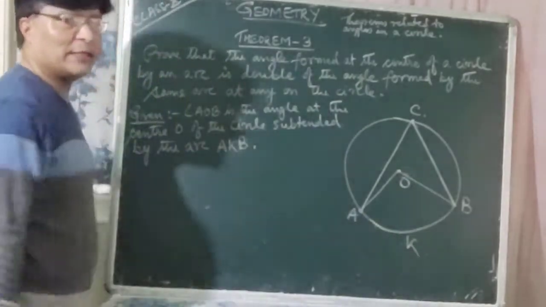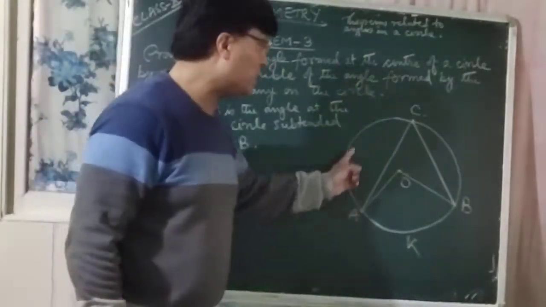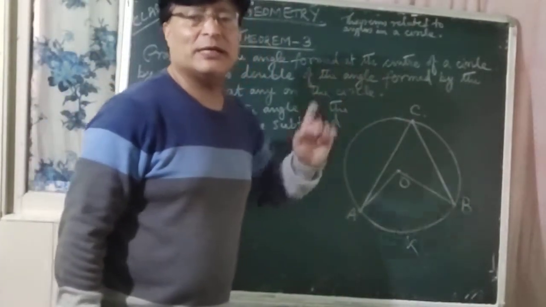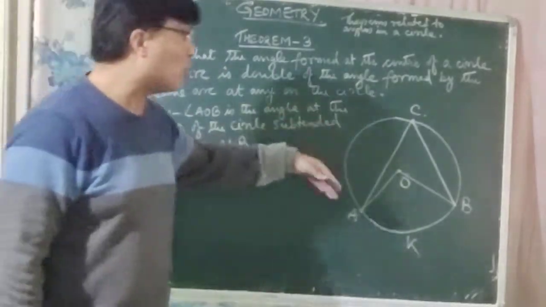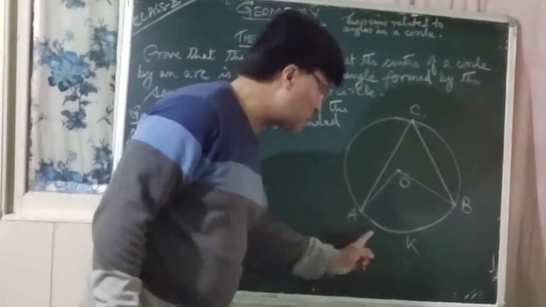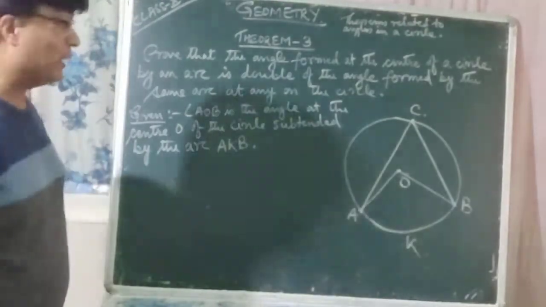Again, what is angle ACB? Angle ACB is the angle at the remaining part of the circle, or on the circle, which is subtended by the same arc AKB.